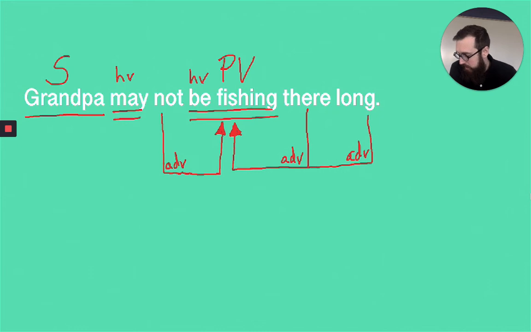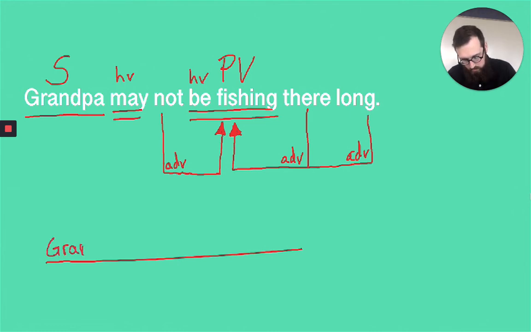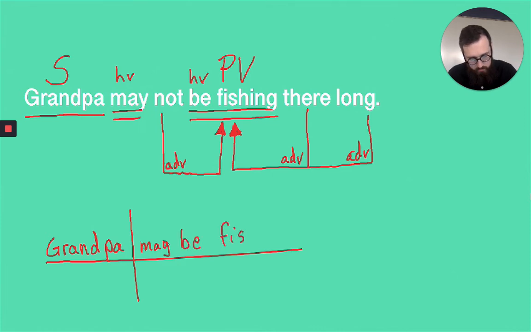So now if I'm going to diagram this sentence, I would draw my baseline, and then I'm going to write my subject. After I write my subject, I can draw my vertical line, and then this is where I write my predicate verb, or my verbs. May be fishing.